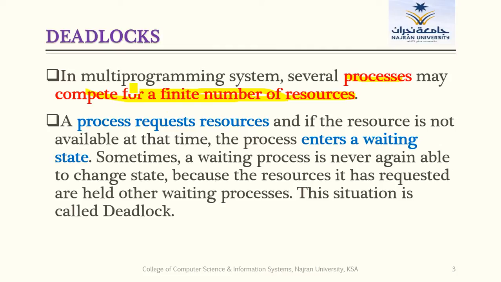Now, when will the deadlock occur? A process has requested a resource, and if the resource is not available at that time, the process enters the waiting state. So if a process has requested a resource and that resource is not available, what will the operating system do? It will put that process in the waiting state.